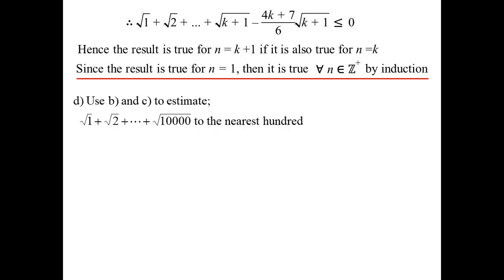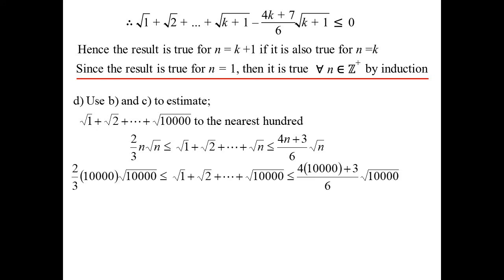Okay. Use part B and C now to estimate root 1 plus root 2 up to root 10,000, but to the nearest 100. I can now sandwich the sum, because I've shown it's greater than something and also less than something. Therefore, it must be between those two things.